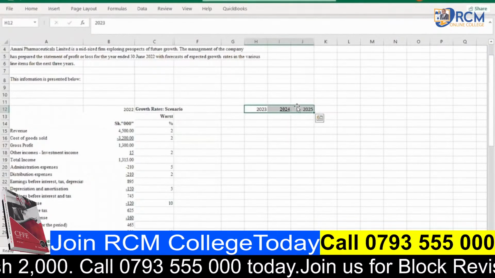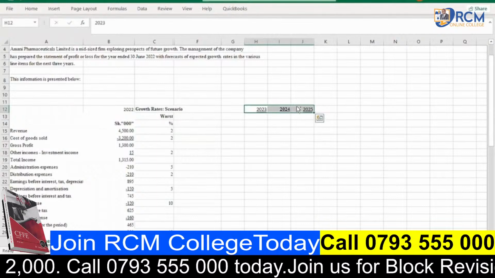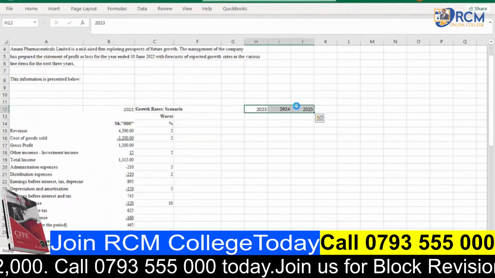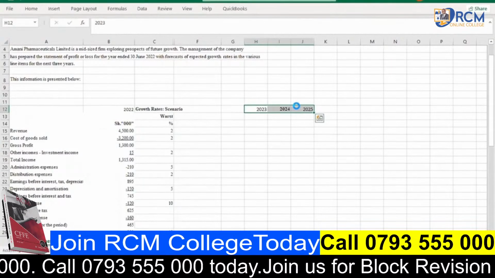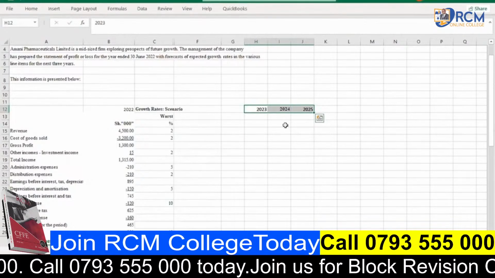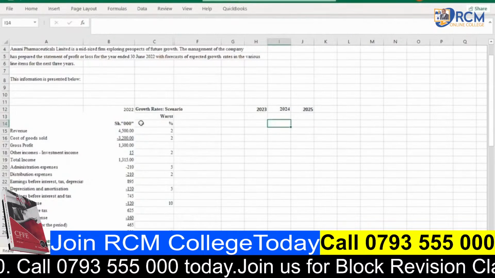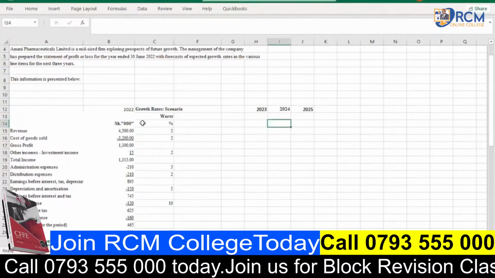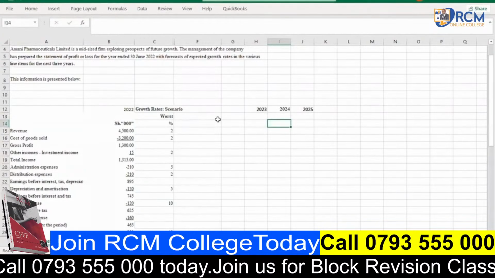That is what we have. So these values are given to us. Of course, the changes here are in percentages.